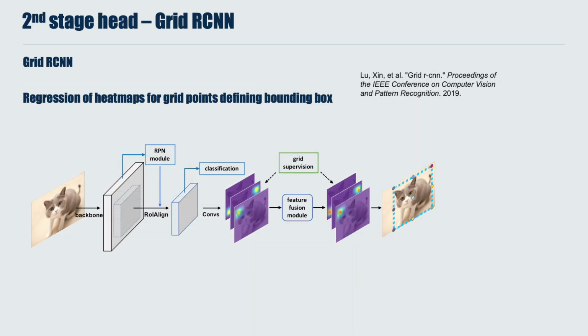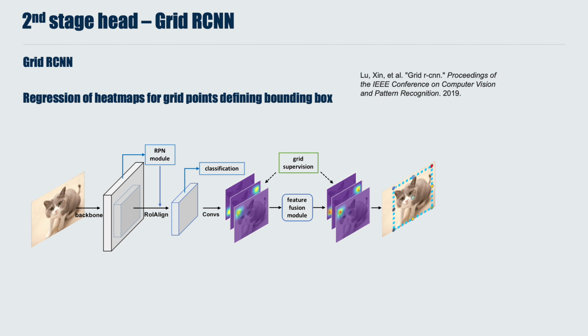Now that we have seen what RCNN, Fast RCNN, Faster RCNN are, we will go into some other interesting variations of the same concept of the two-stage detector. The first one that we'll look into is Grid RCNN. In that case, the main difference between Grid RCNN and the previous ones that I presented is what happens at the level of the box refinement at the second stage.